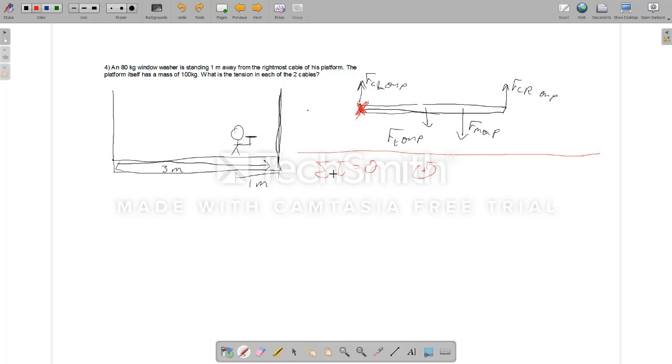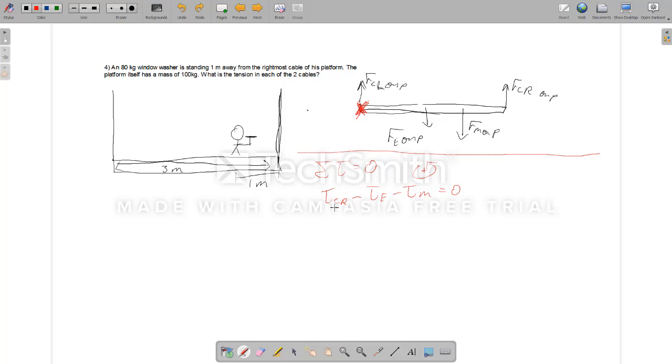So if the net torque is equal to 0, then we've got the torque from the cable on the right as being positive, and then these other two are going to be negative. So minus torque from the Earth, and then minus torque from the man is all equal to 0.